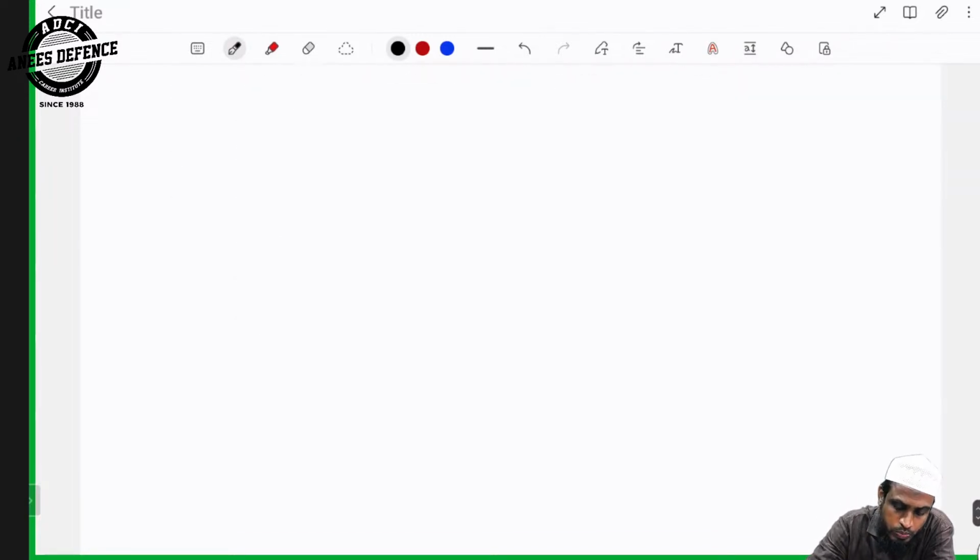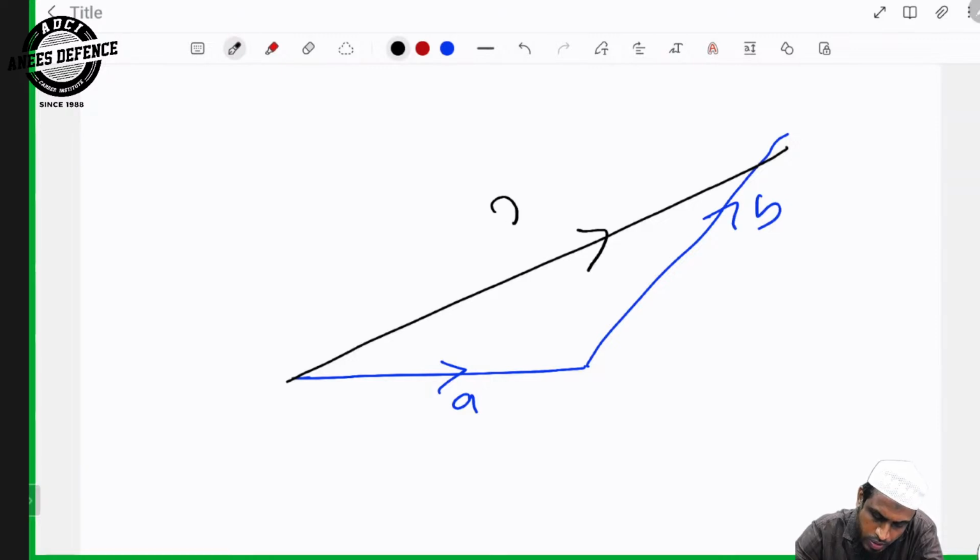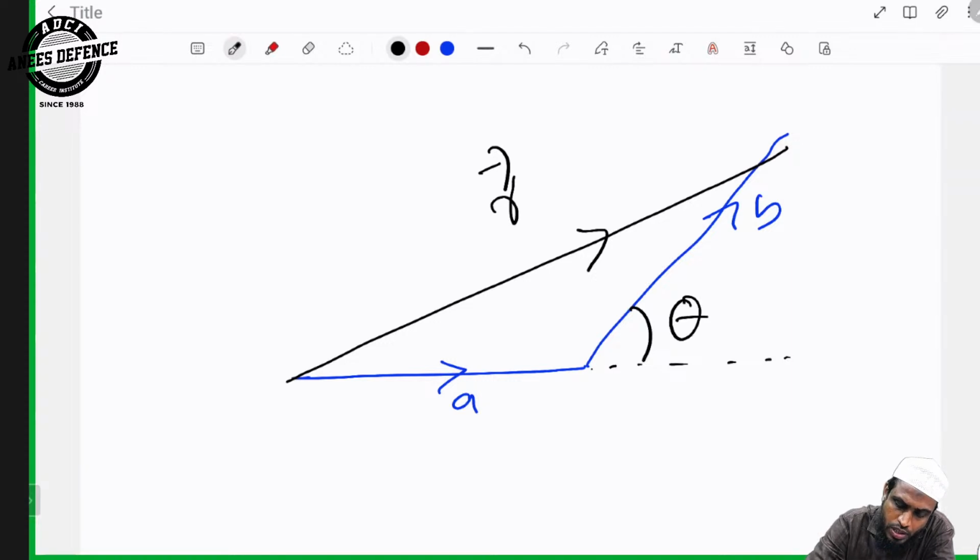Once again, I will tell you. This is a vector A, another vector is B. The resultant can be represented like this, R. The angle between A and B is theta. The resultant vector is in the direction of alpha.